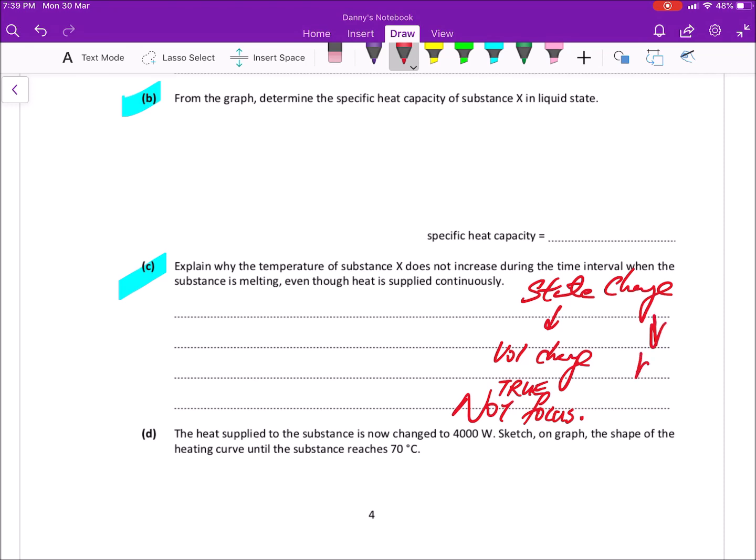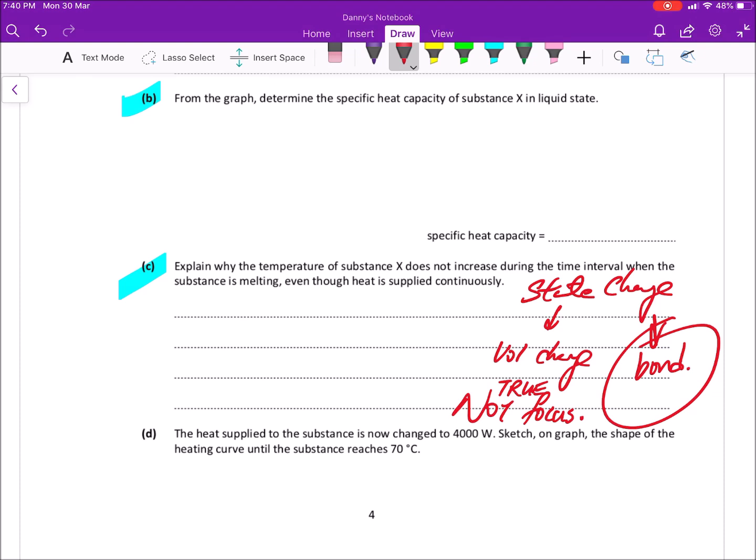Instead, focus on the change in the bonds, the intermolecular bond break or the intermolecular bond form. That is the focus. That's why it is called state change. So whenever you're talking about state change, focus on the bonds rather than the volume or the distance between particles. It is true, but that is not important. What is important is the bond.